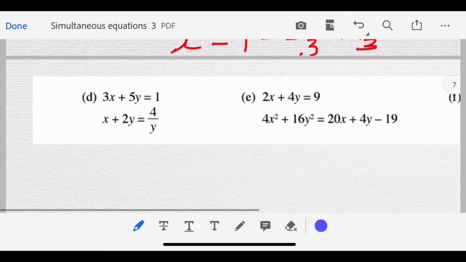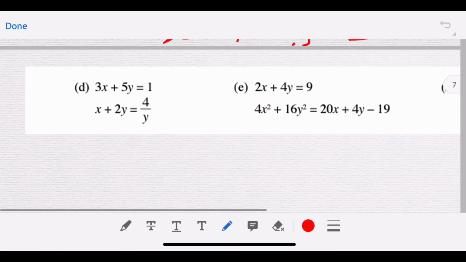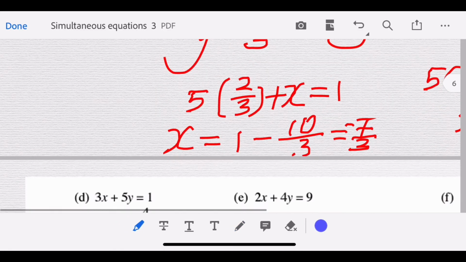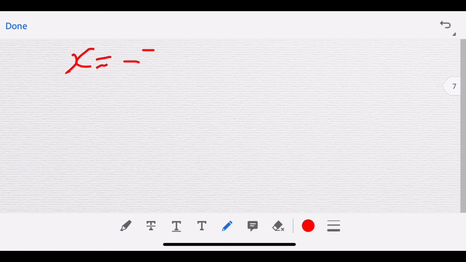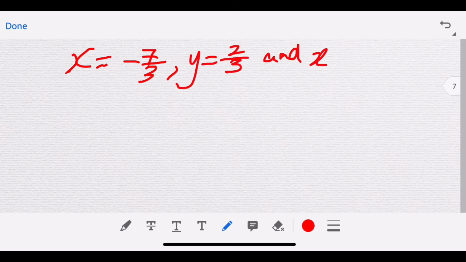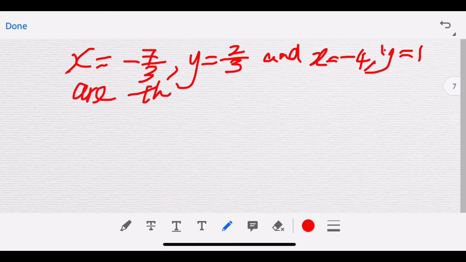So then we can conclude that x equals negative 7 over 3, y equals 2 over 3, and x equals negative 4, y equals 1 are the solutions of this simultaneous equation.